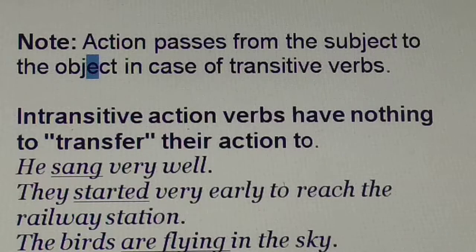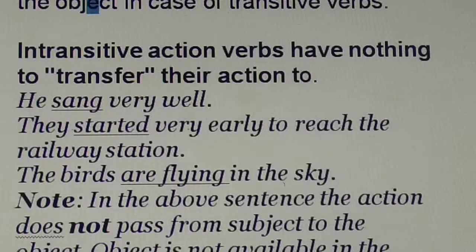Now note, children, action passes from the subject to the object in case of a transitive verb. But what happens in intransitive? Intransitive action verbs have nothing to transfer their action to. They have no object, so where will they transfer?